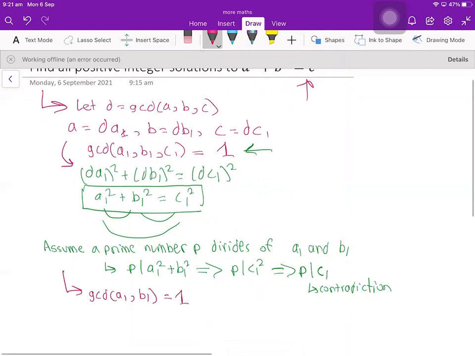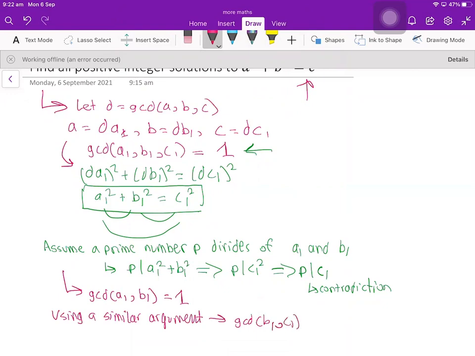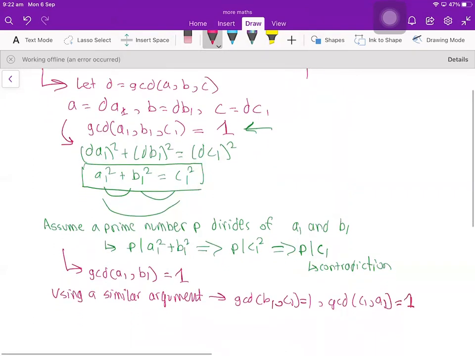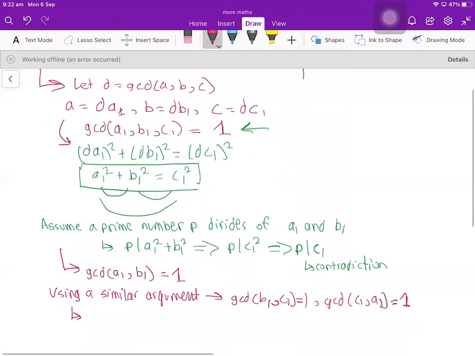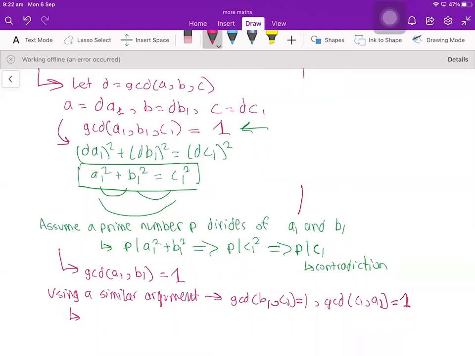And in fact, you can use a similar argument to prove the GCD of b1 and c1 equals 1, and the GCD of c1 and a1 equals 1.